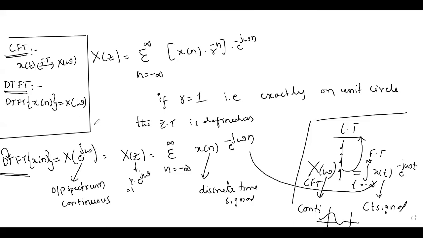Actually it is e power j omega, but it is a function of omega only, for that reason this is represented as omega. So here x of n is discrete, but here it is continuous. After DTFT, again you are going to study the discrete Fourier transform. Here x of n, DFT, discrete Fourier transform, X of k.